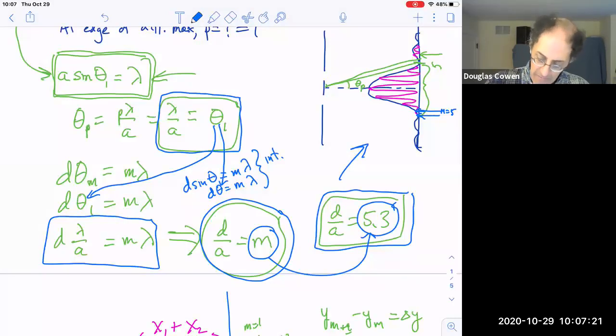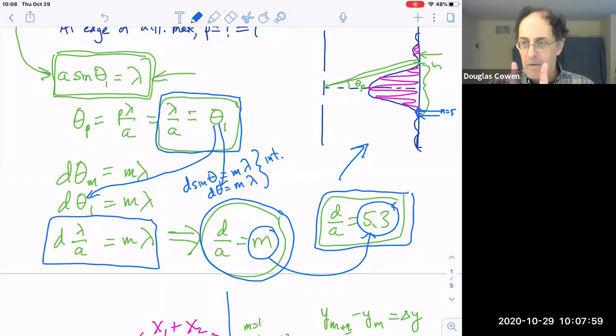So with that in mind, if I have m equals 5, how many total fringes are there going to be underneath the diffraction envelope? You'll always have this one at the center, the one I'm drawing now on the diagram. And then you'll have the m equals 1 fringes on either side, and then the m equals 2, and then the m equals 3, 4, 5.